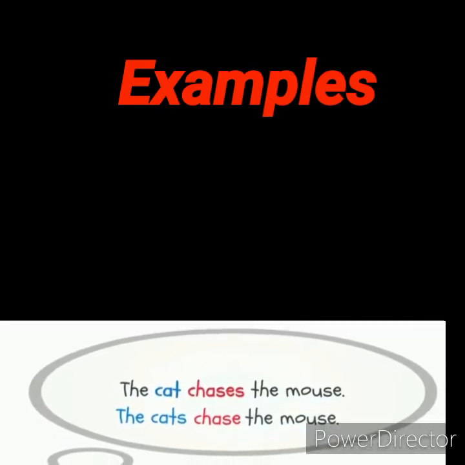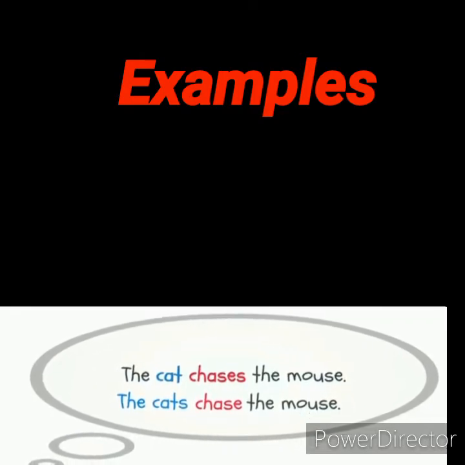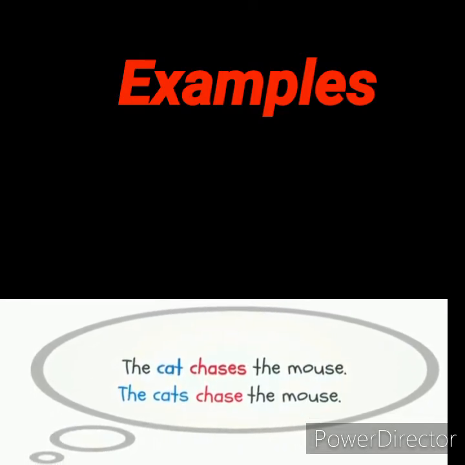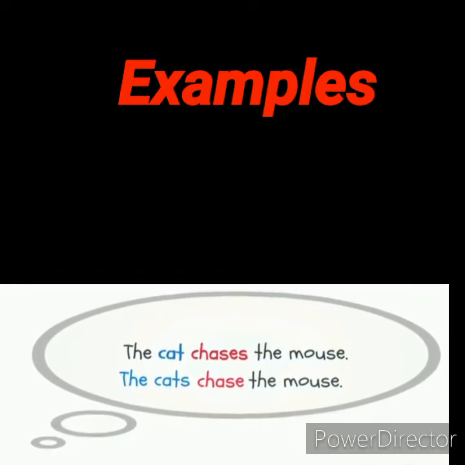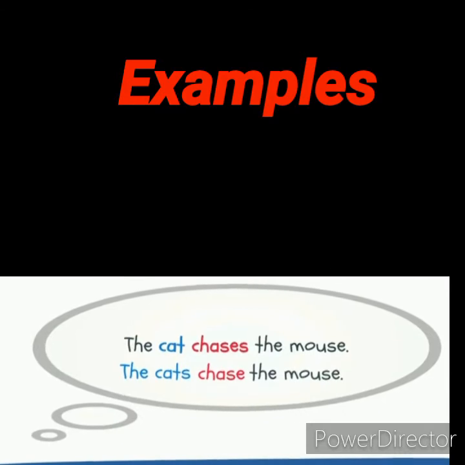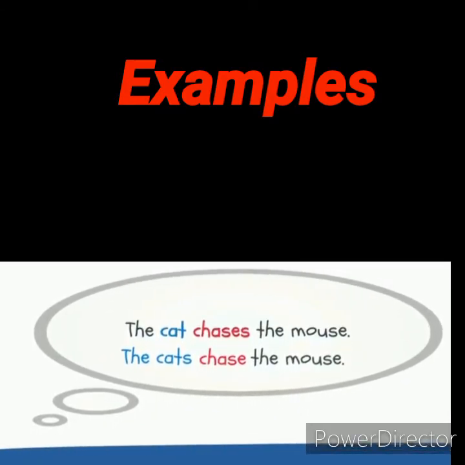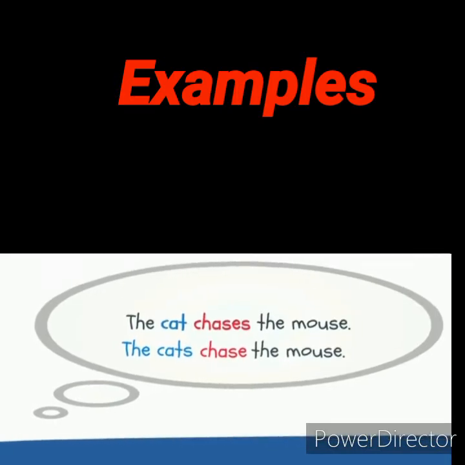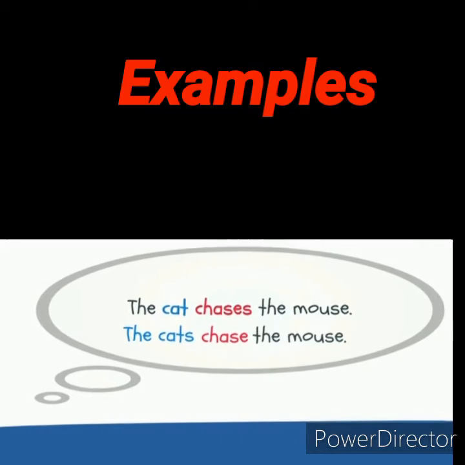What action is being performed by the cat? It is chasing the mouse. So, chases is the verb. Now, see the subject. It's singular. So, the verb is also singular. We have added s to make it a singular verb.